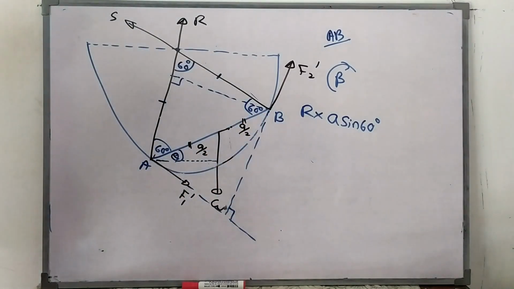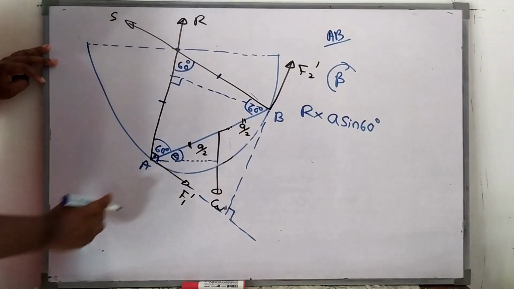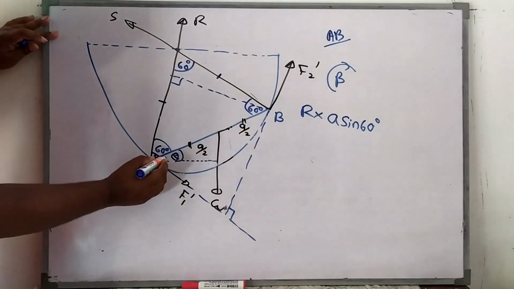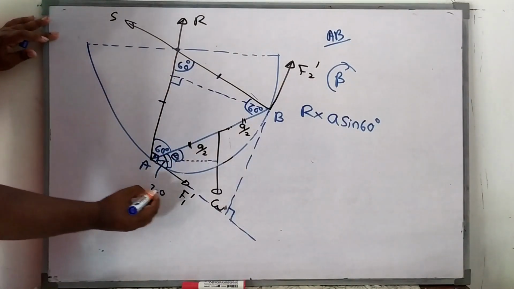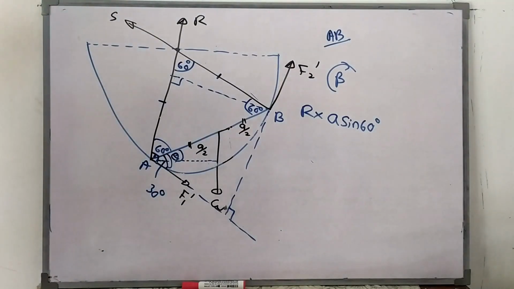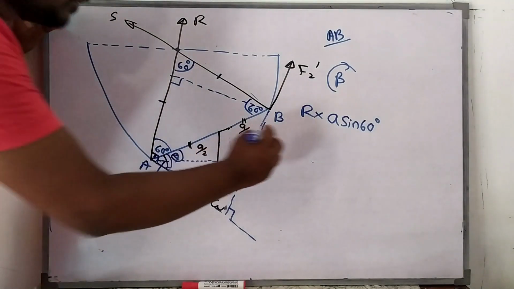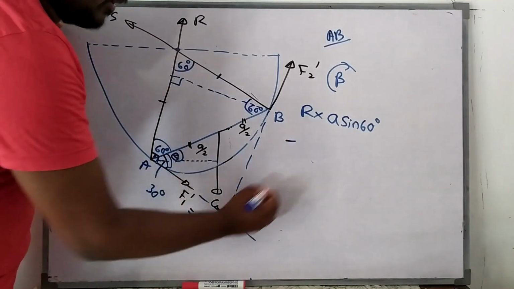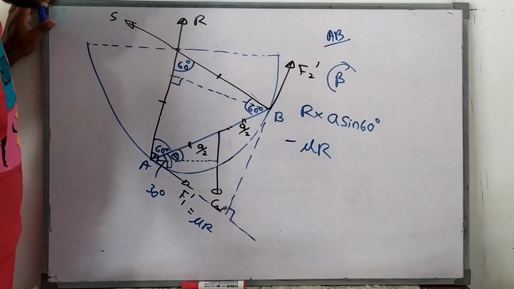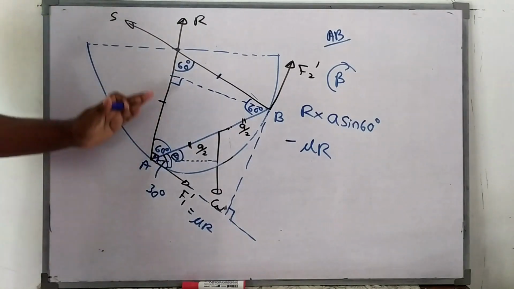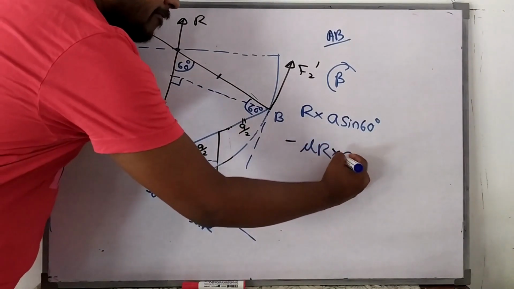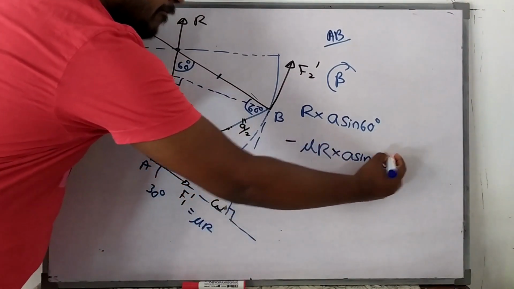The perpendicular line of the S. This is mu R, so mu R A sine 30 degrees.